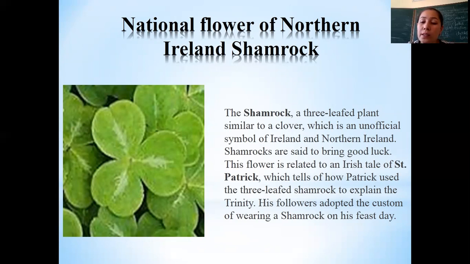They are said to bring good luck. This flower is related to an Irish tale of Saint Patrick, which tells of how Patrick used the three-leafed shamrock to explain the Trinity. His followers adopted the custom of wearing a shamrock on his feast day.